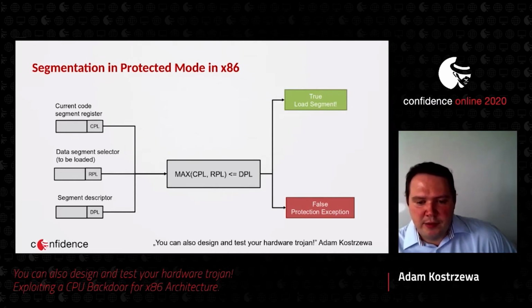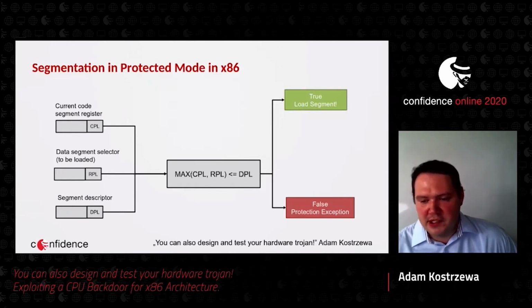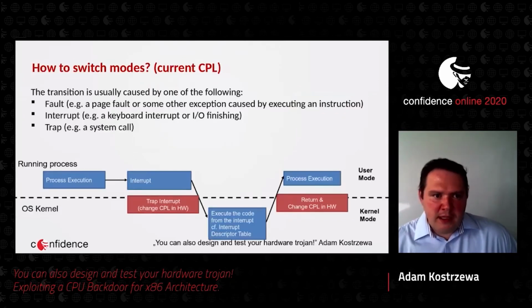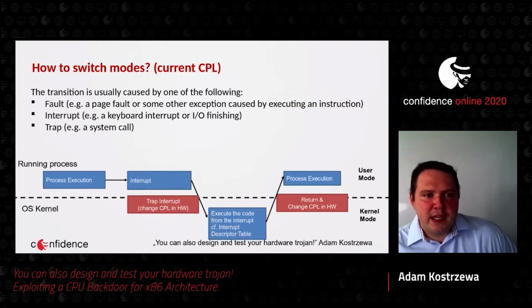And as you remember, the higher number signifies a lower privilege level. So if this is true, then you can access the data, and if it's false, then you have a protection exception.